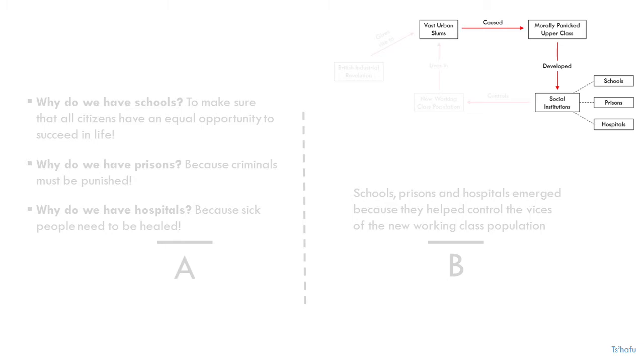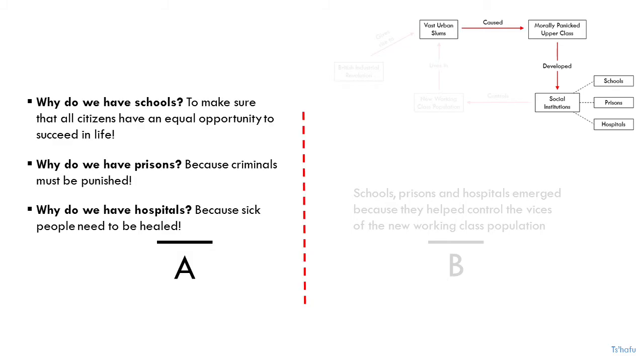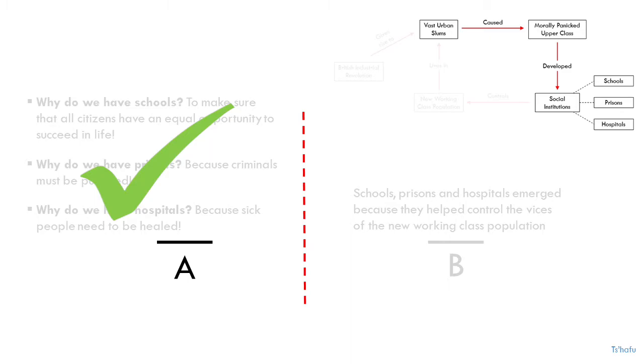And so if you think about this, if the author makes a successful case for the morally panicked upper class that have developed the social institutions, well then by default, the previous concerns of our audience must be either wrong or in some sense be trivial. Right? In other words, the author is actually addressing the concerns of the audience. And so with that, the author has done a good job, and guess what?